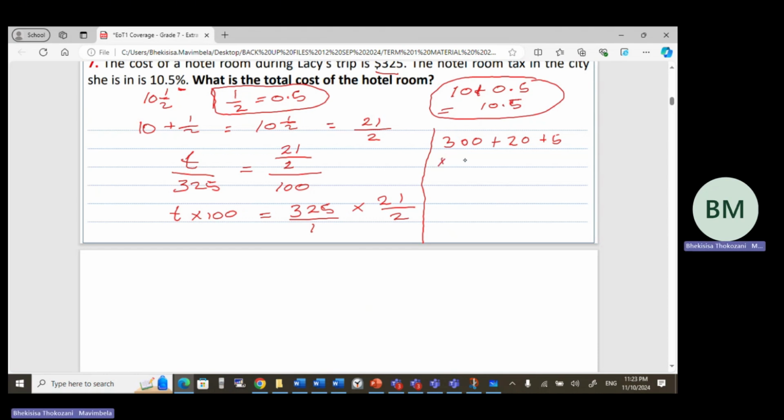So we multiply everything by 21. There we go. So 3 times 21, 3 times 1 is 3, and 3 times 2 is 6. So that should give us 63, right?